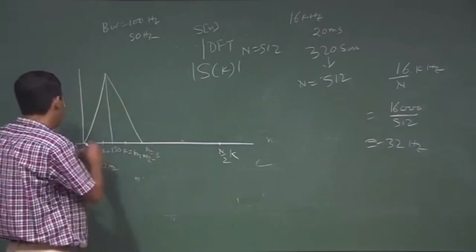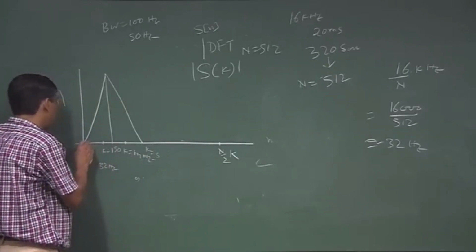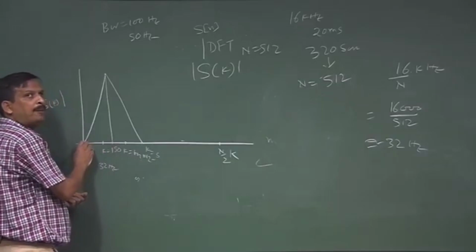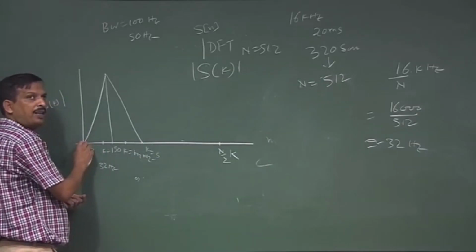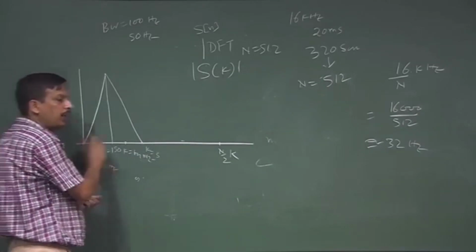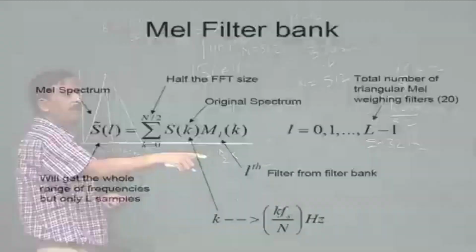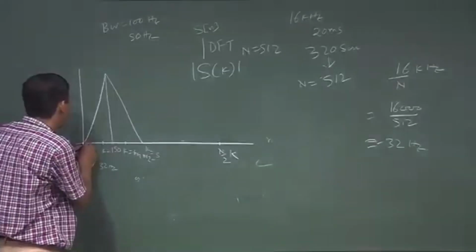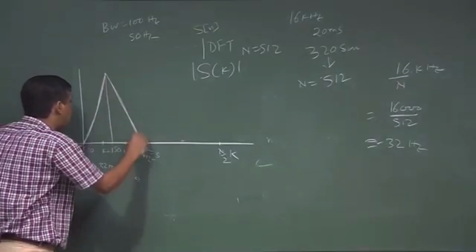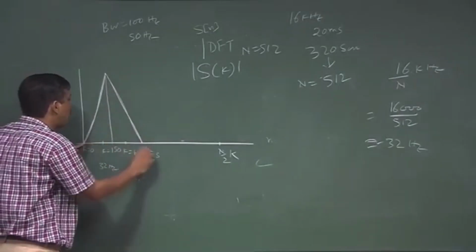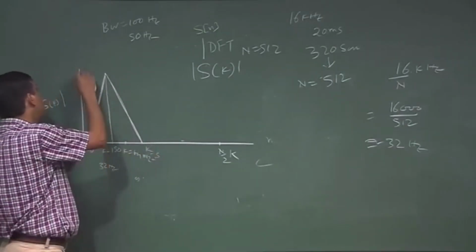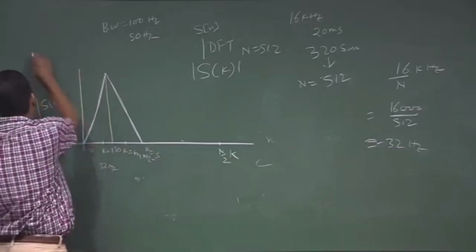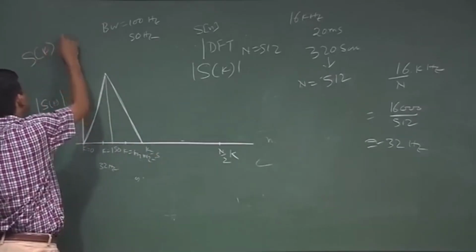So, what is the power? For k equal to 0, multiply by the filter weight function. So, Mlk is the filter weight function. This is my first filter that I am designing, so it requires k equal to 0 to k equal to 3. So, the value of Sk is multiplied by Mk.